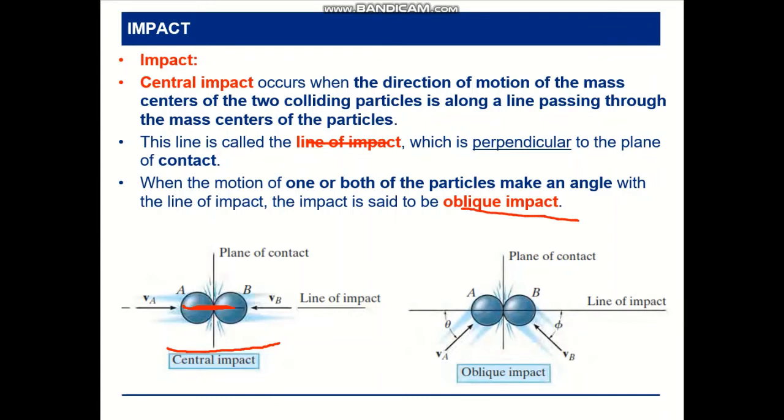As you see, they collide at a plane, let's say the z direction is here and the x direction is here, and when the particles come in at an angle, they will either go through or stick, and then move maybe in the z direction, or in the xz direction. This is called oblique impact, and the other is called central impact.